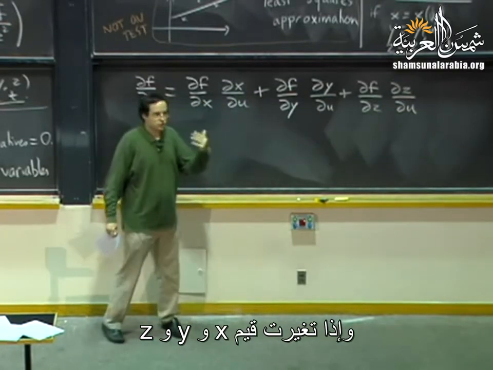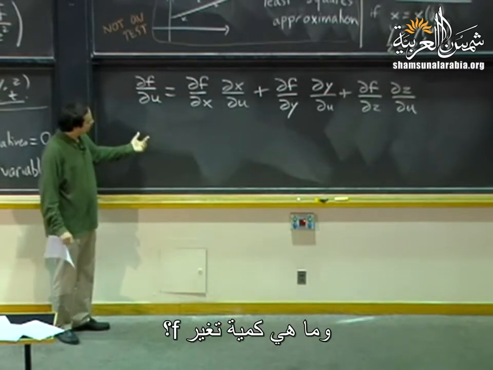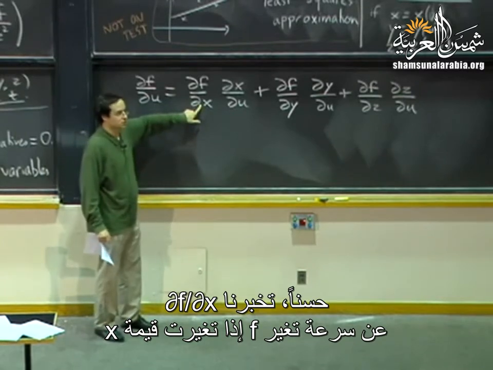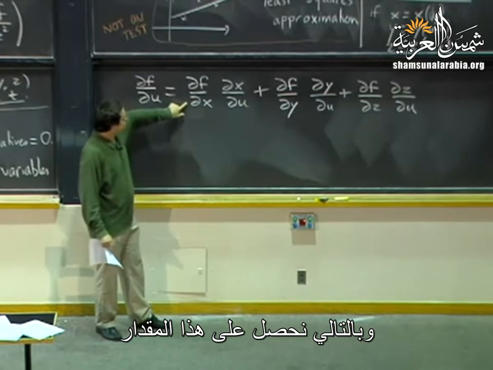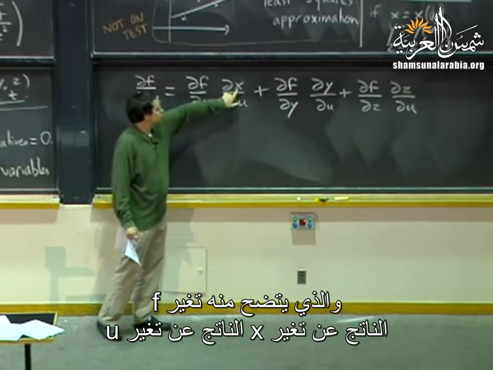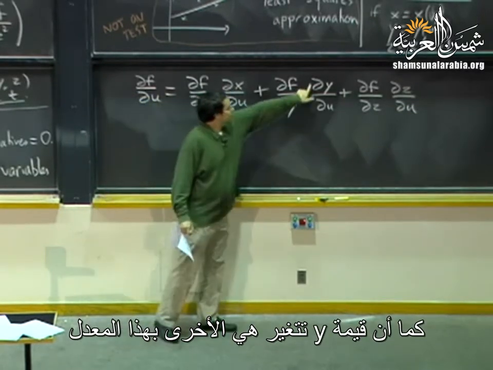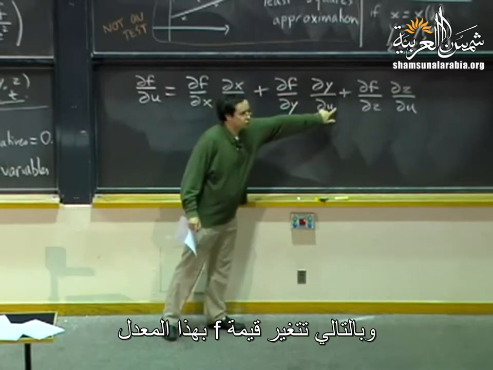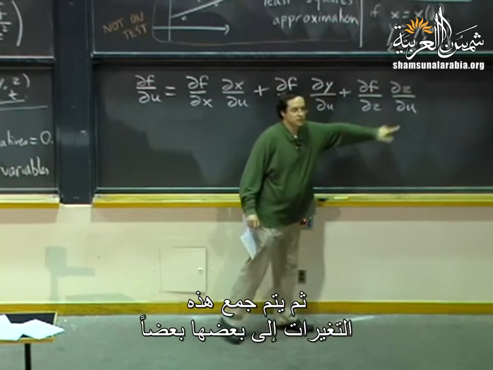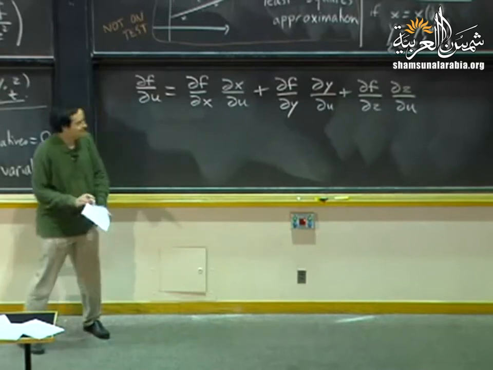And now, when we change x, y, and z, that causes f to change. How much does f change? Well, partial f, partial x tells us how quickly f changes if I just change x. So I get this. That's the change in f caused just by the fact that x changes when u changes. But then y also changes. Y changes at this rate, and that causes f to change at that rate. And z changes as well, and that causes f to change at that rate. And the effects add up together. Does that make sense? Okay.